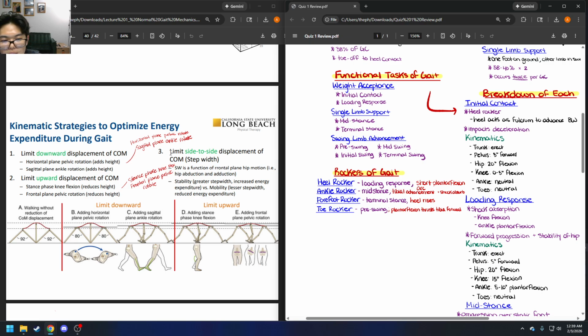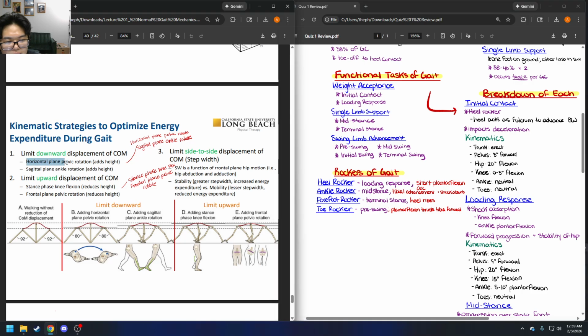So in order to limit our center of mass having a downward displacement, upward displacement, and side-to-side displacement, we have specific events that occur during these gait cycles. And in this class, at least, just memorize it for now, and I'll go in depth later. Just understand that to limit downward displacement of the center of mass, we'll have a horizontal plane pelvic rotation, which will add height.